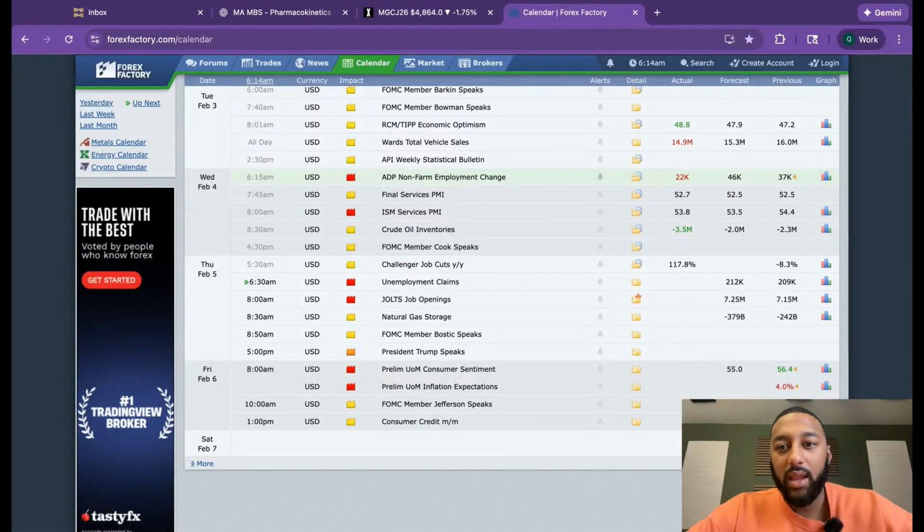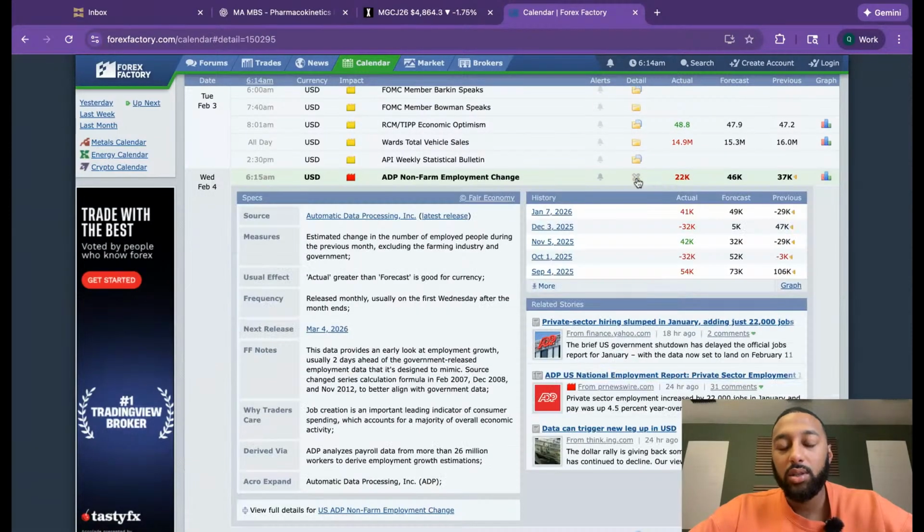When I say mixed data, mixed employment data, here's actually a good insight into that. So we have ADP non-farm employment change, which is a labor market data stat. You can see it's come negative really since September. In November, there was some encouraging data. This week, discouraging data. And maybe I should use a different word, not discouraging, but below forecast.